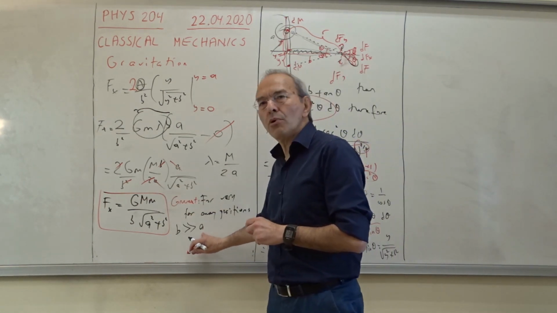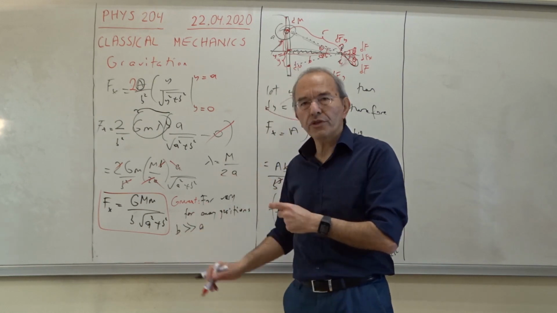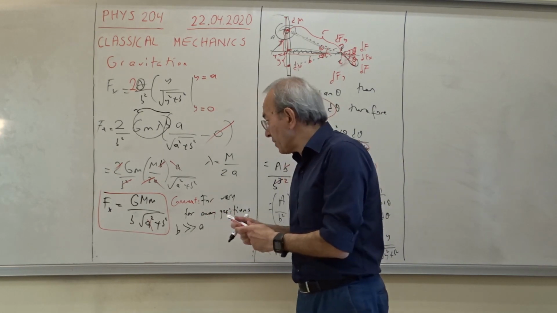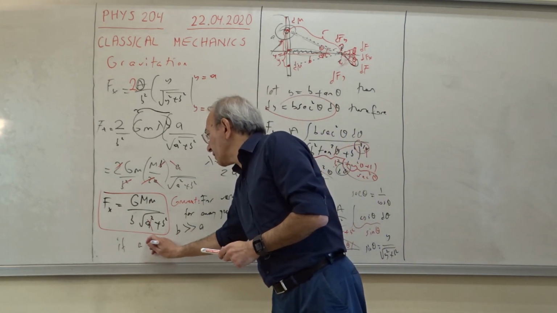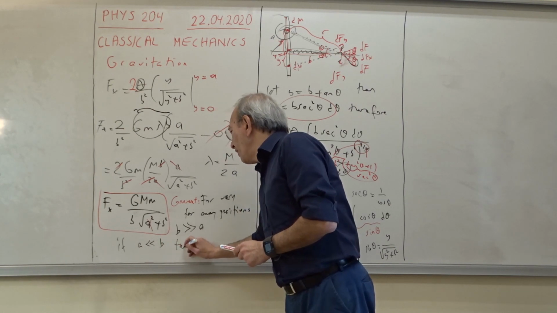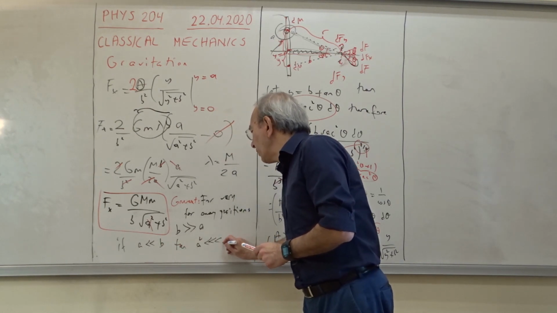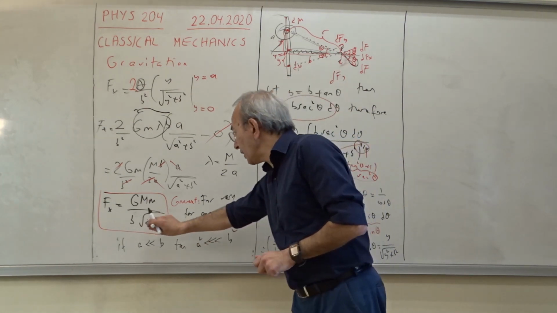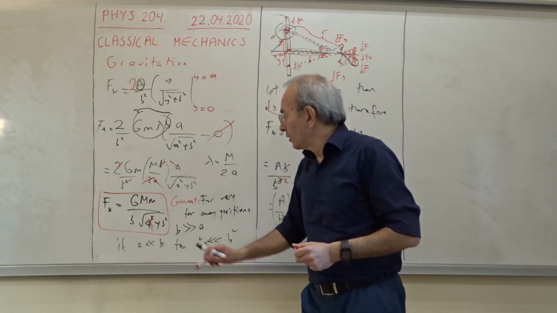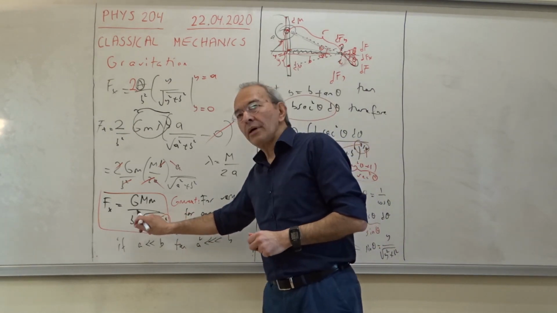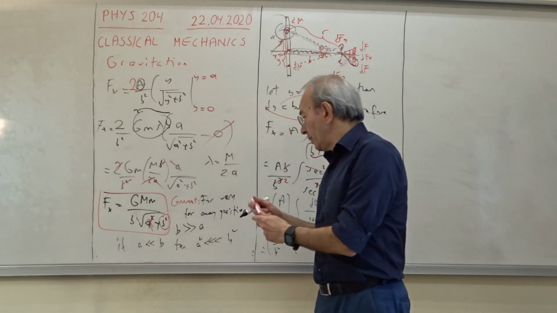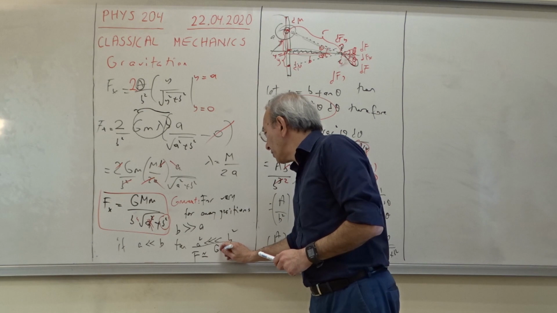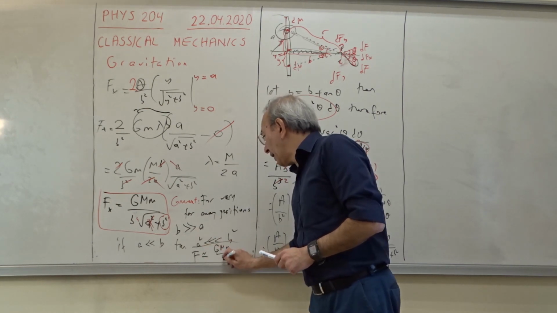If a is much less than b, then a squared is much, much less than b squared, so this a squared is necessarily neglected. So we have only b squared. It comes out of the root as b, so that the expected force will be approximately capital G, capital M, little m divided by b squared.